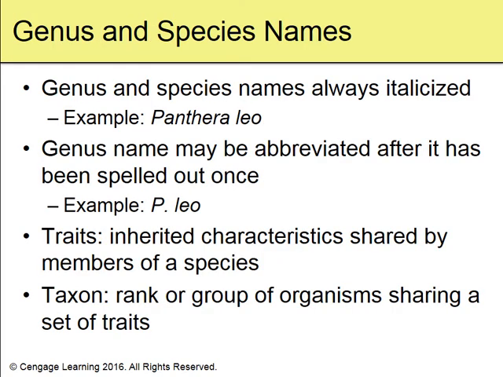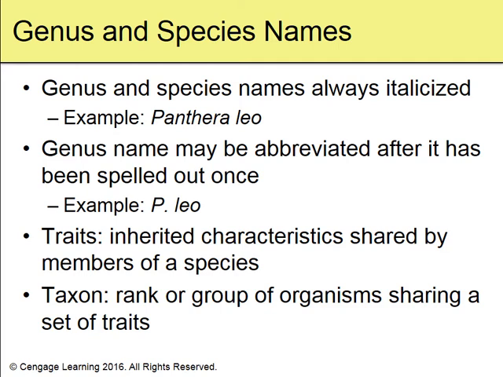So an example of this, you see the scientific name Panthera leo. Once you know what the genus name is, that is after you've referenced it or spelled it out once, you can abbreviate that. So you know that members of our species are Homo sapiens. And so we would write that capital H period and spell out sapiens after that.